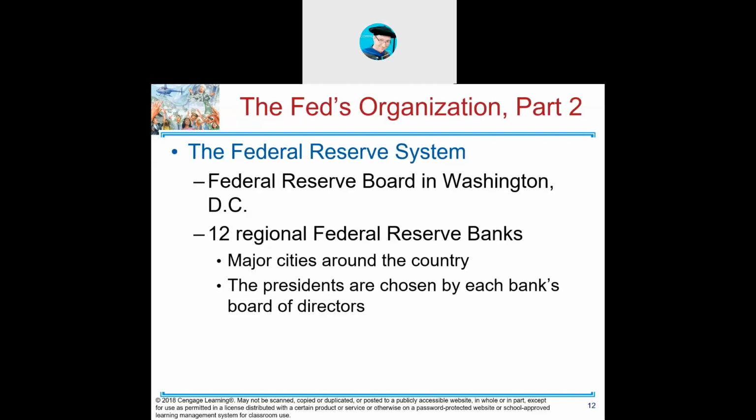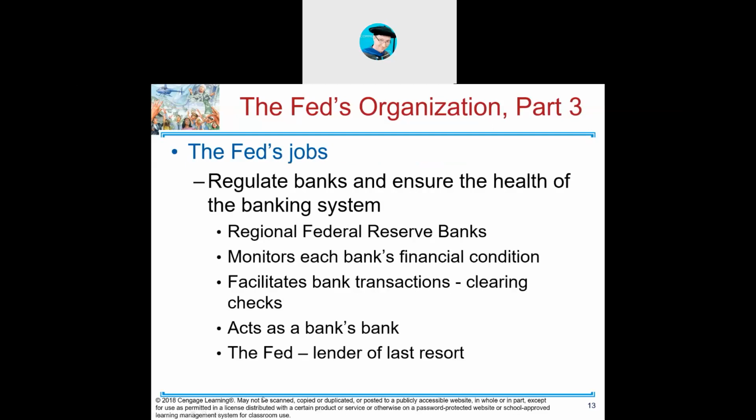And the way to think about it is you have the central bank, which houses the Federal Reserve, and the Federal Reserve manages these 12 other regional banks. So if you think about it like you have a central office, and then you have a bunch of satellite offices. That's basically how this works. Same type of organization. A lot of companies have a similar organization to that.